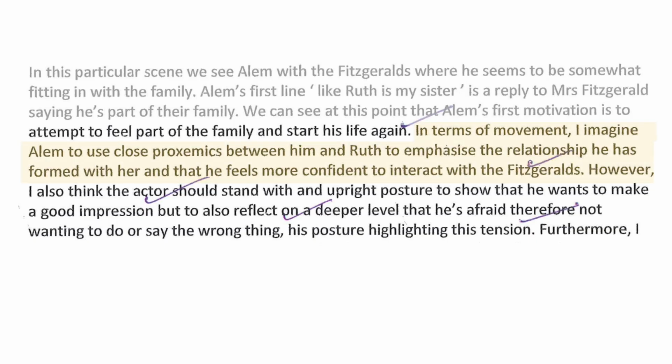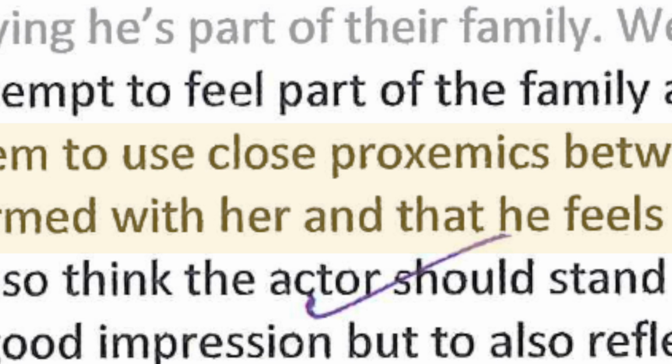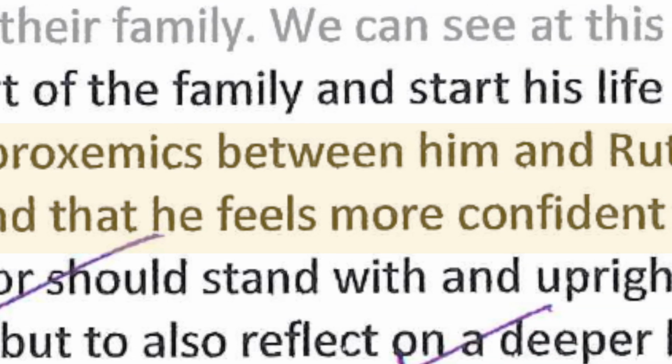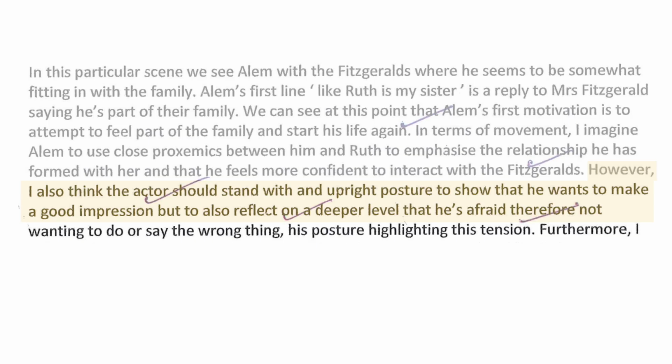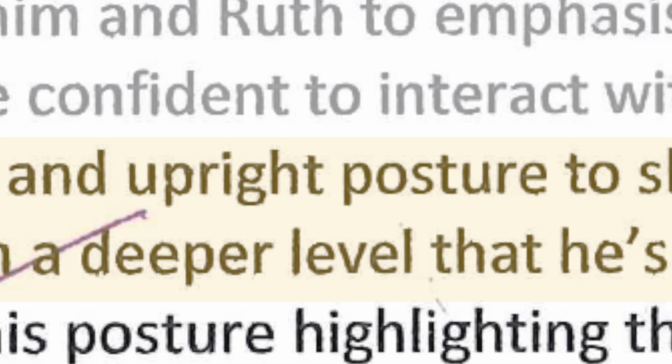"In terms of movement, I imagine Alem to use close proxemics between him and Ruth to emphasise the relationship he's formed with her and that he feels more confident to interact with the Fitzgeralds. However, I also think the actor should stand with an upright posture." Good, so she's describing, but why? Why would you want him to stand with an upright posture?